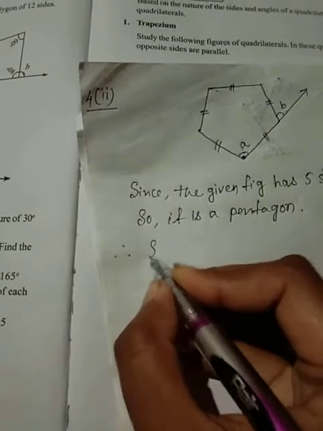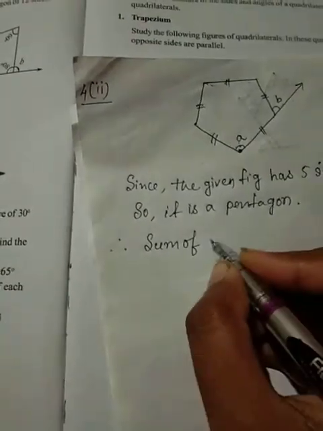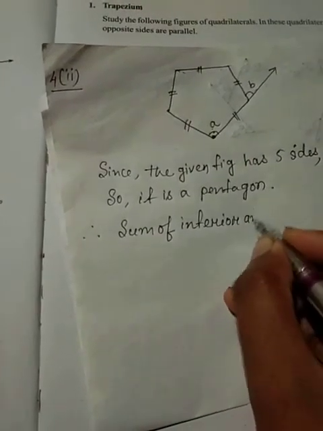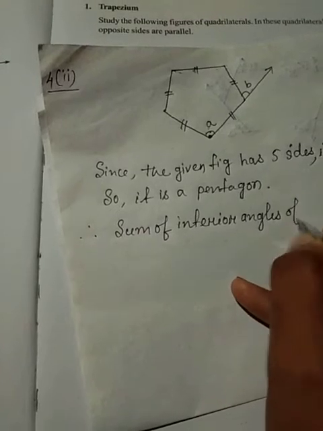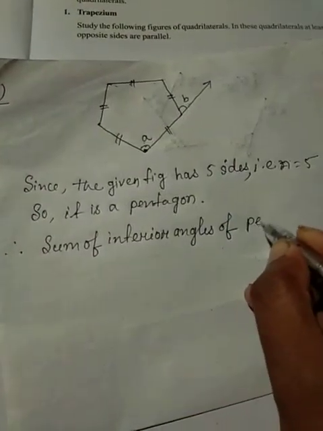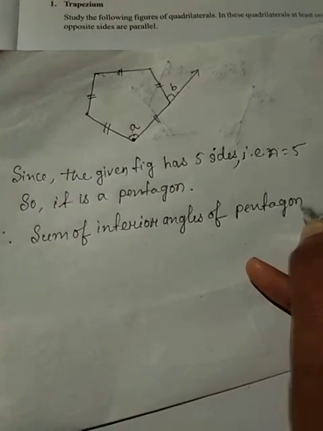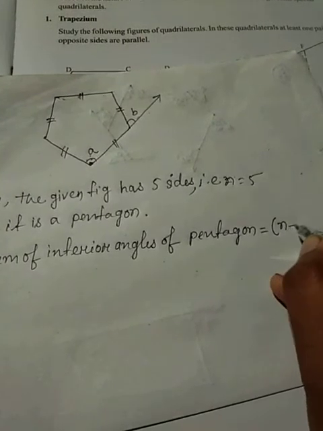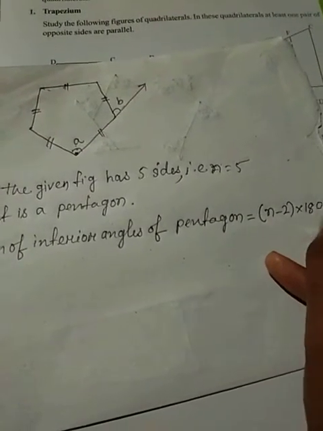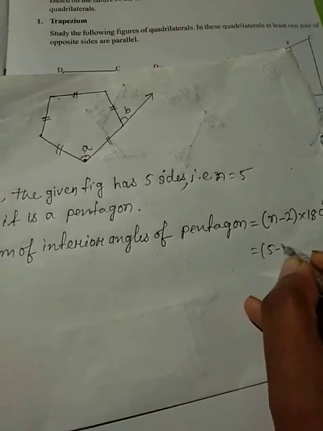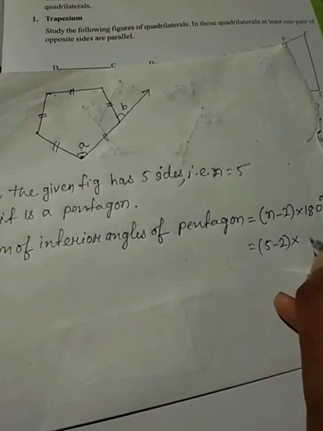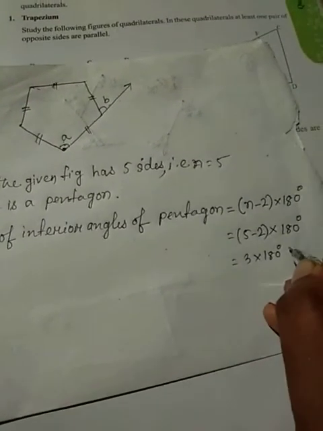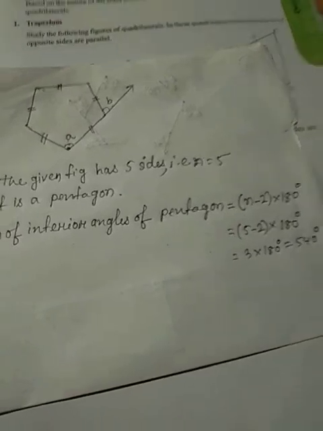Therefore, sum of interior angles of pentagon equal to, by the earlier formula, n minus 2 into 180 degree. That means n is 5, 5 minus 2 into 180 degree, 5 minus 2 is 3, 3 into 180 degree equal to 540 degree.